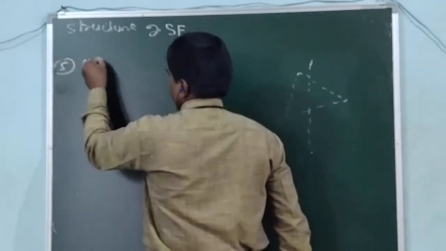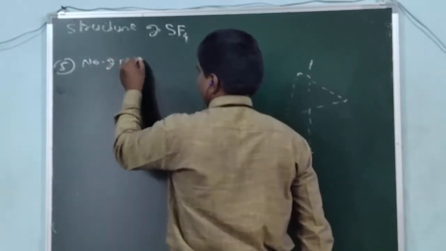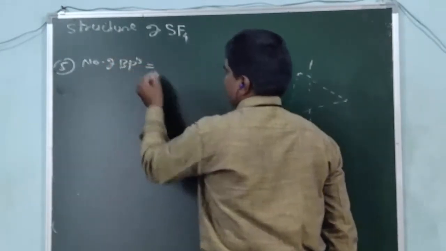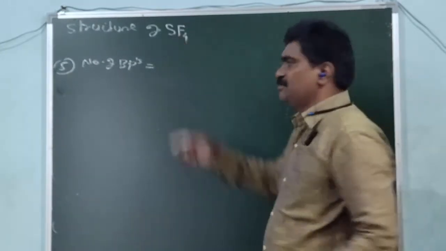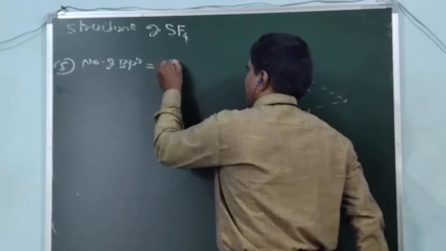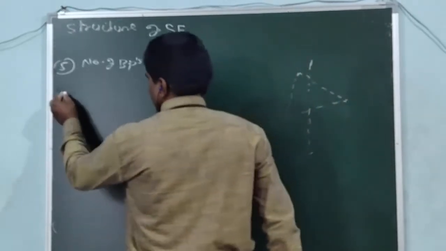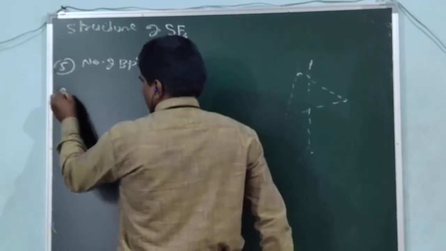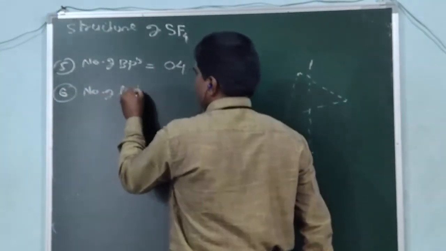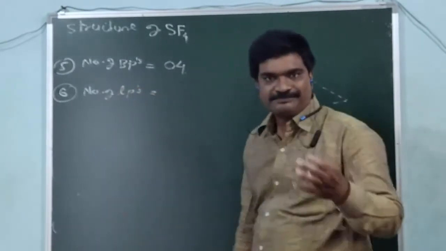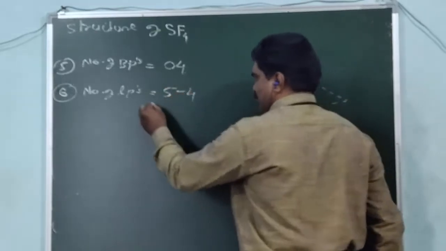So the number of bond pairs, BPs, is equal to, since there are 4 S-F bonds, obviously 4 bond pairs. Now the number of lone pairs will be equal to 5 minus 4, so it is equal to 1.